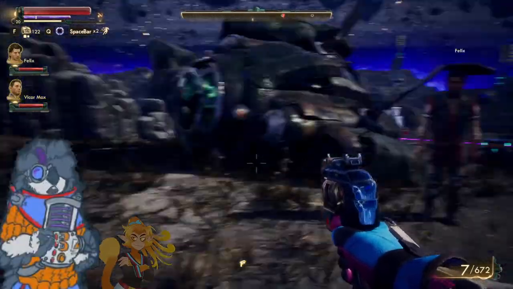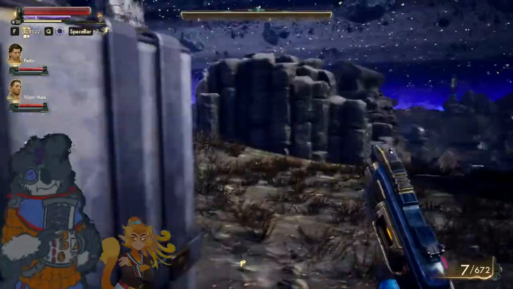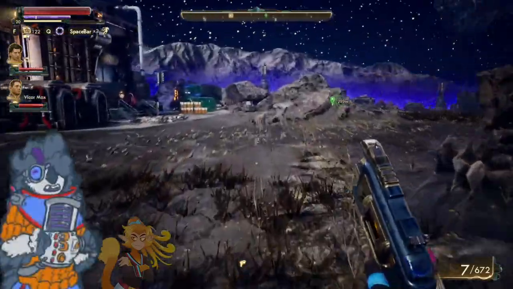Why are there combat drones everywhere? What's been happening to this goddamn colony?